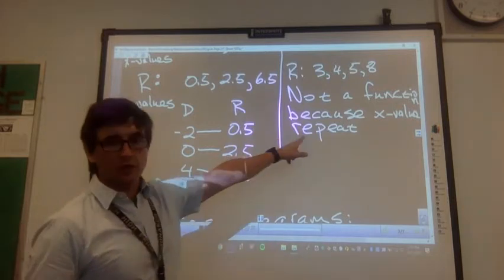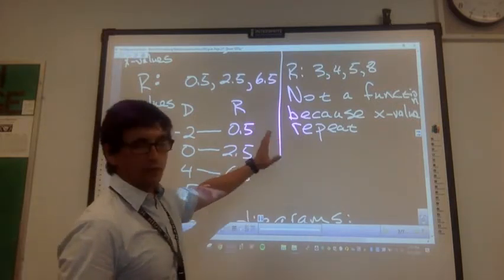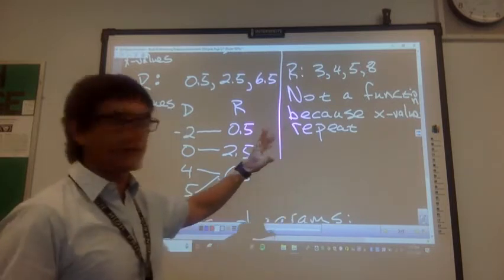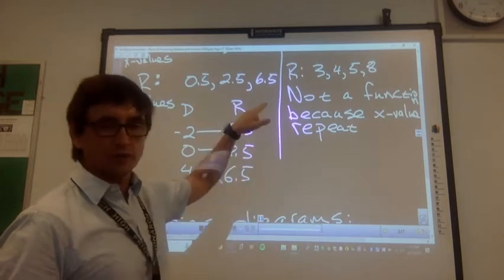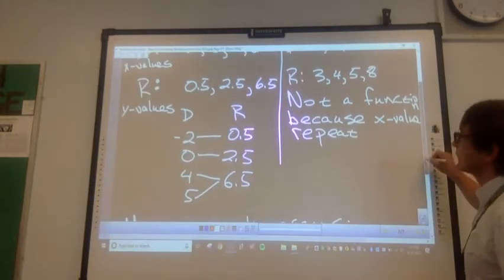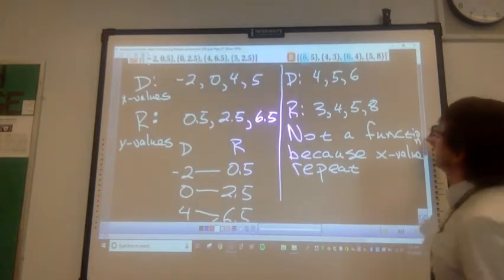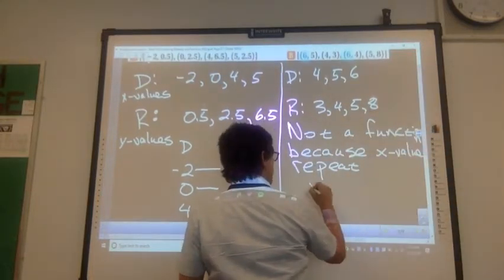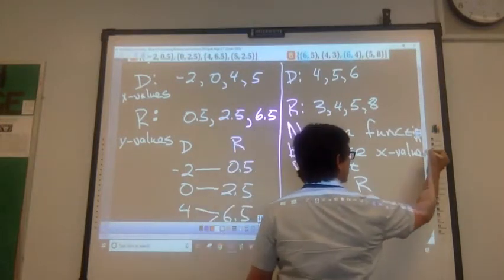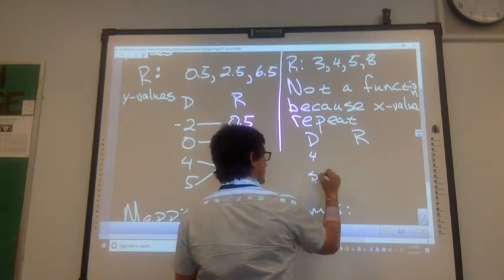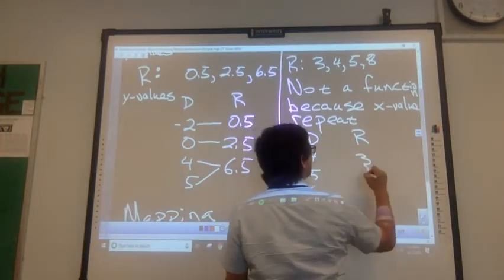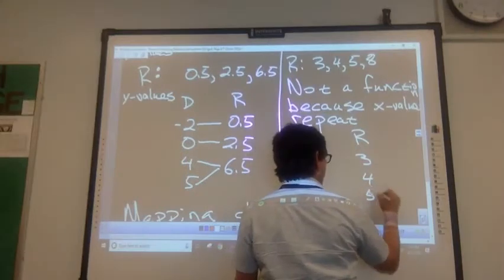So I'm just going to show you the mapping diagram here. I said you don't need to do it, but if you're confused about what is and what is not a function, it may help you to do a mapping diagram to determine that. So if we look here, we have 4, 5, and 6 for domain. And for range, we have 3, 4, 5, and 8.